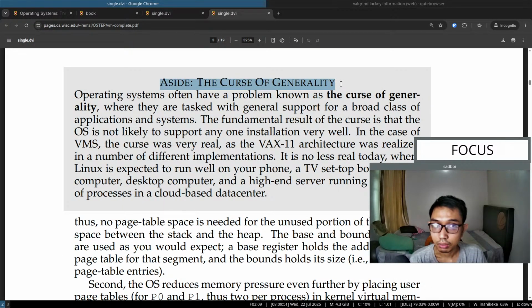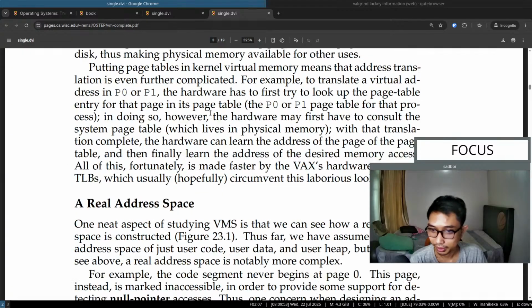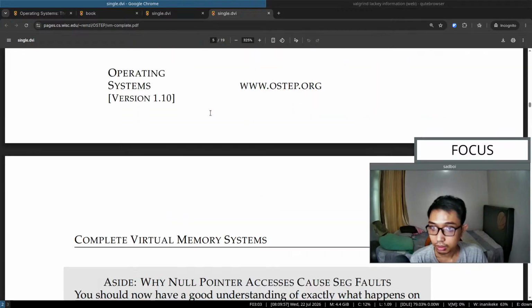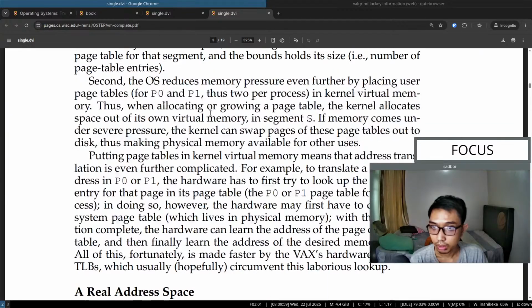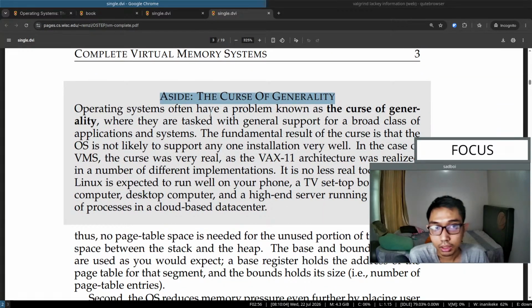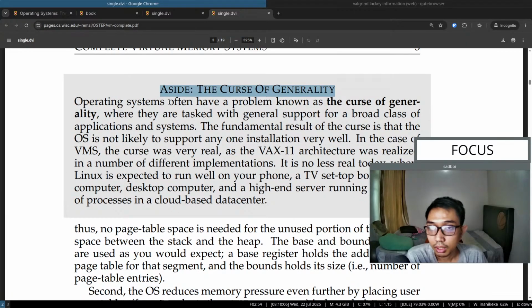Aside: the curse of generality. Should I read the aside first? Yeah, maybe I should read the aside first. Operating systems often have a problem known as the curse of generality, where they are tasked with general support for a broad class of applications and systems.